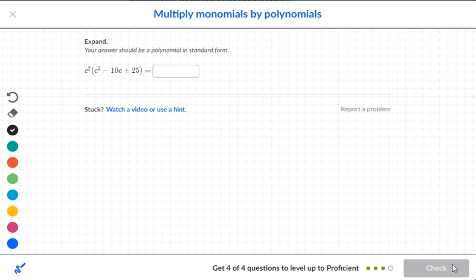Okay, let's move on to the next one. What we have here is c to the second. Inside the parentheses we have c to the second minus 10c plus 25. Now the c to the second is a monomial.